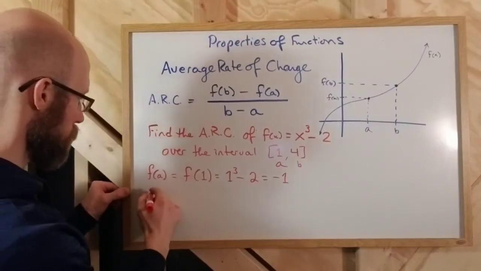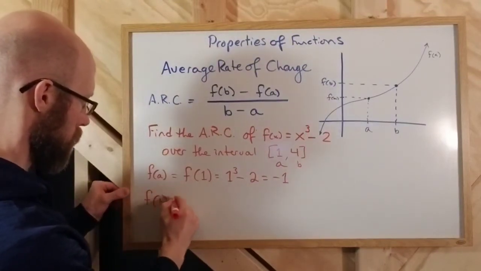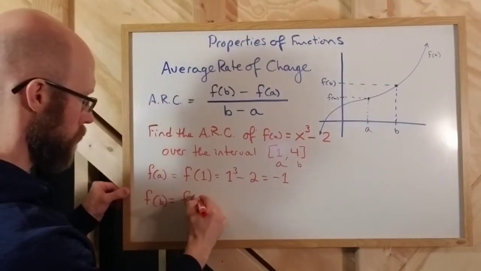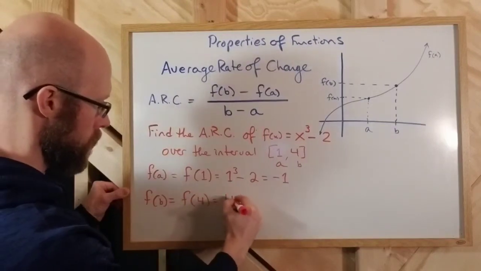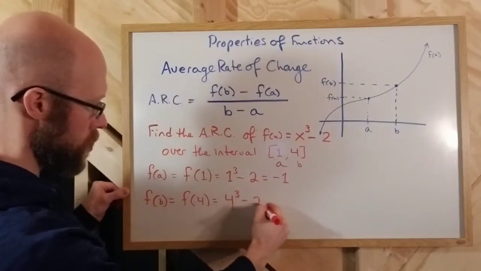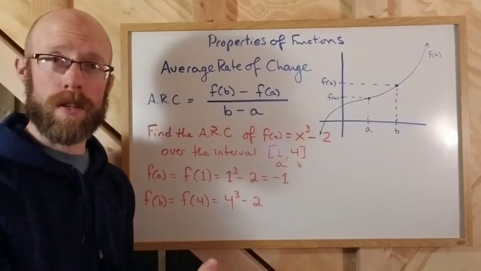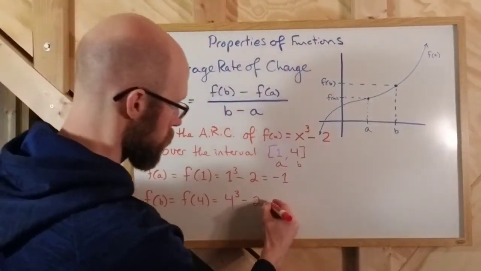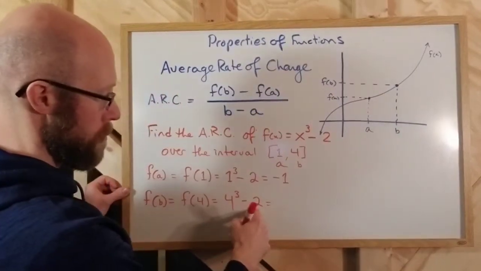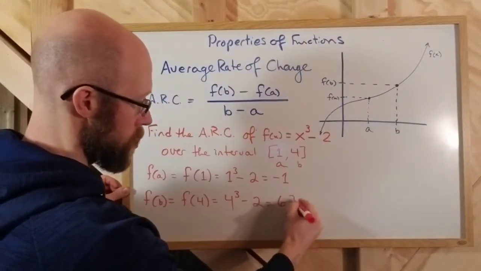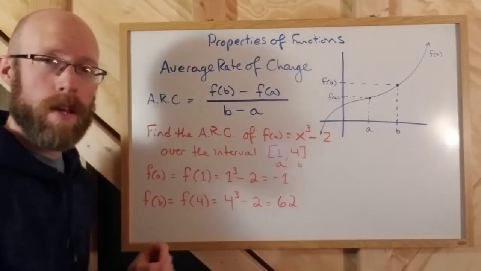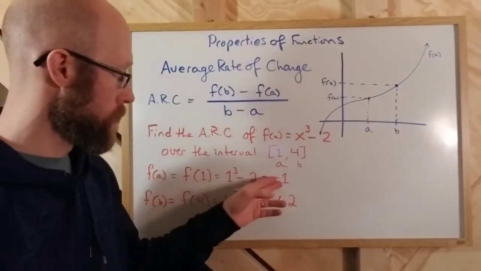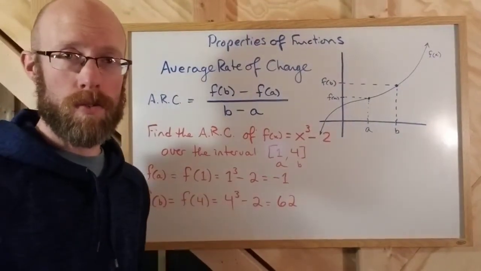Then you get f of b, which is f of 4. So you take 4 cubed minus 2. Well, 4 squared is 16. Multiply by another 4, you get 64. So 4 cubed is 64, minus 2 is 62. So I've got negative 1 and 62.